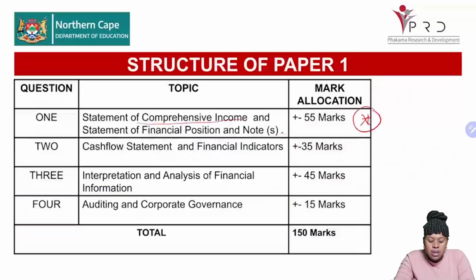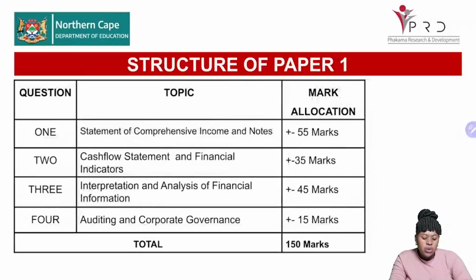So you will be tested on the statement of cash flow and the financial indicators, which will be plus minus 35 marks. You'll be tested on your interpretation and analysis of financial information in your question 3, and that is normally plus minus 45 marks. And then you will also be tested on auditing and corporate governance, plus minus 16 marks, right? And then your total for your paper one will be 150 marks.